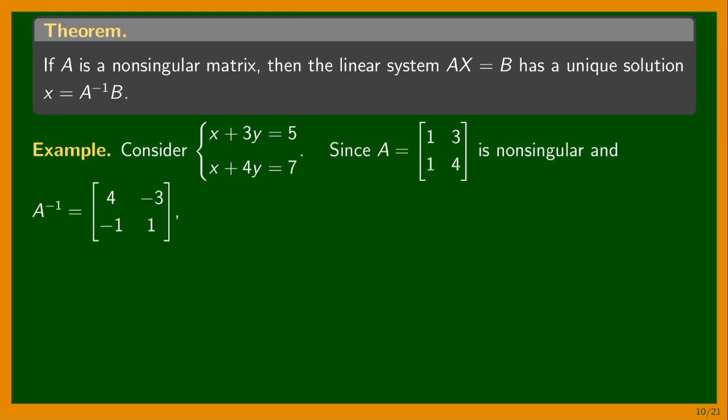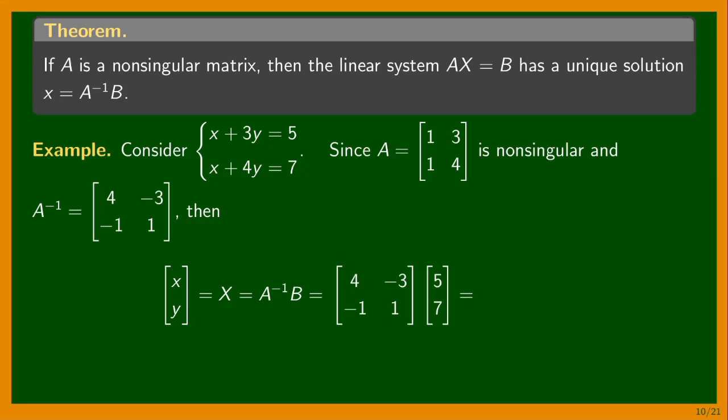Take note that this is non-singular, as we have already seen in the previous example, and its inverse is equal to this. So once you know the inverse of A, then we can conclude that the column vector x, y of unknowns is equal to A inverse times b, as written in the theorem. And the inverse times b is this. Once you know A inverse, then x and y are already known.